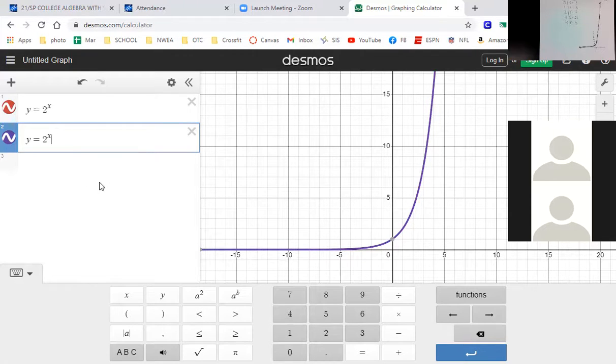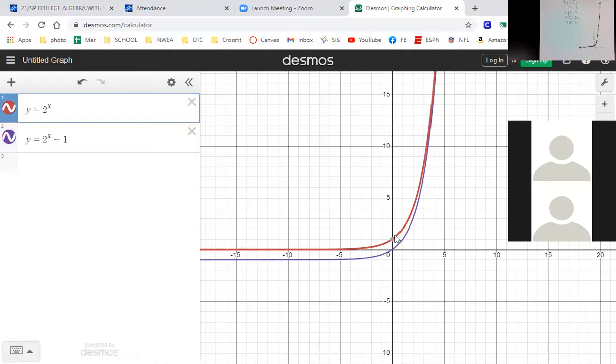So the first thing is if we add a number outside, like a 3, this plus 3 grabbed my graph and basically moved it up 3 units. So adding a number outside of the function is going to shift it up or down. If I do a -1 here, you're going to see it'll shift the graph down 1.